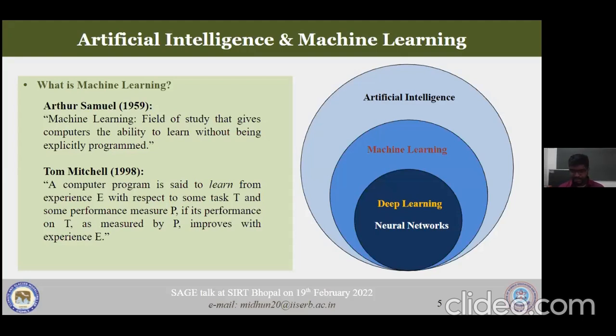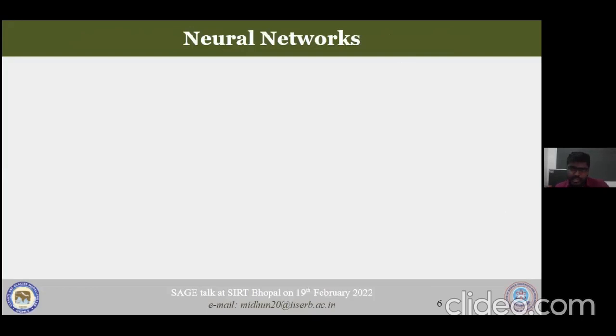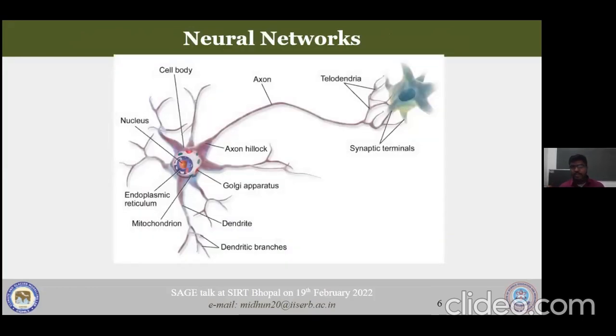So what are these neural networks, basically? As we know, humans are the only intelligence in the known universe, right? Our neural network is influenced by the functioning of the neurons in the brain.